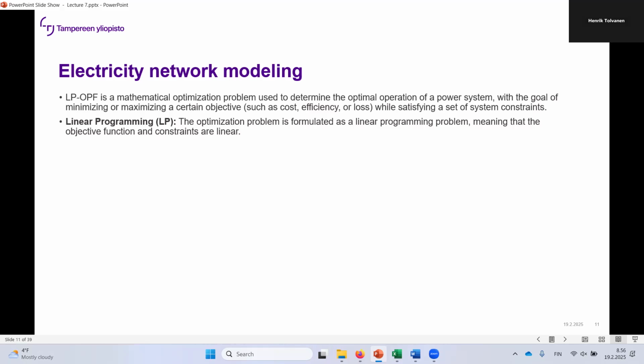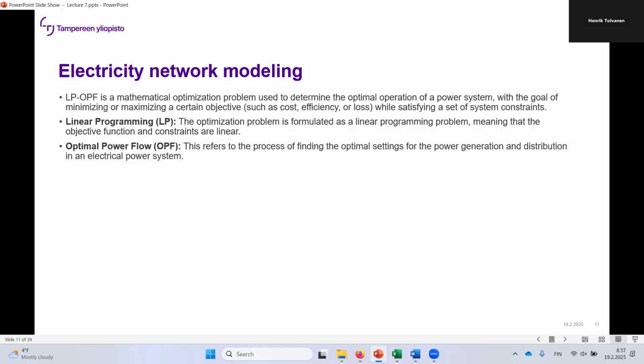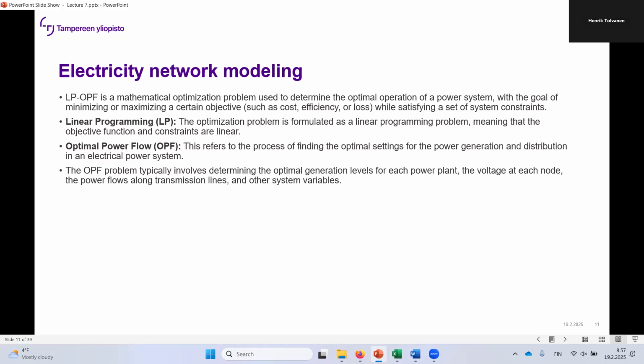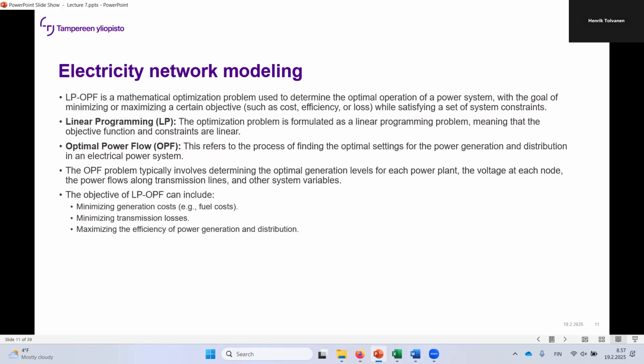So the optimization problem is formulated as a linear programming problem, meaning that the objective function and constraints are linear. And this optimal power flow refers to the process of finding these optimal settings for this power generation. And the objective can include minimizing generation costs, so this economic dispatch, minimizing transmission losses.